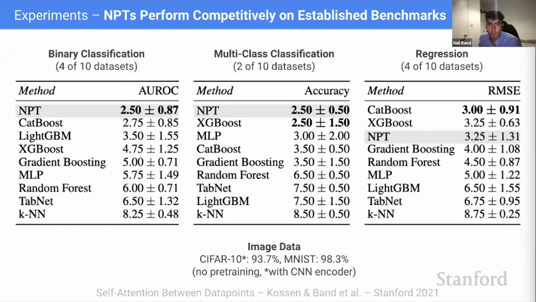Yeah, averaged over 4 of 10 data sets, the rank. So for each particular data set, we have a rank of all the different methods. Then we take the average and the variance of the rankings within each of the types of task, within binary classification, within multi-class, etc. Got it. We also, if you're curious, have the full results in the paper.